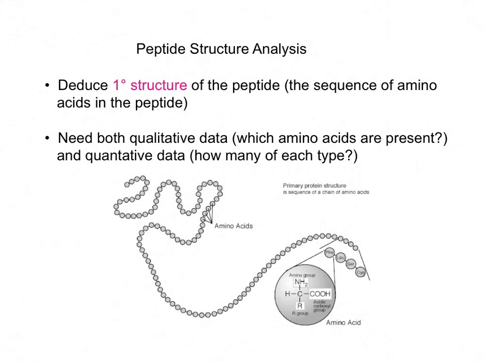So you have to be able to sequence it so that you can go and recreate the sequence, and that's peptide structure analysis. What you're going to be deducing is the order of the amino acids. That is what's called the primary structure. It's the most basic one. And that is just the order of the amino acids in a peptide.